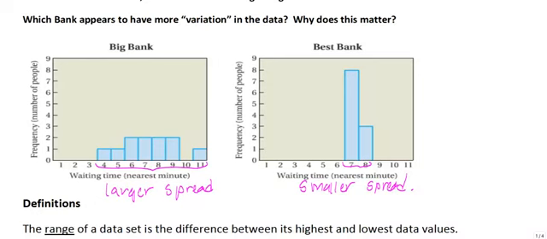Let's think about this situation. You're in the market for a car and you're really interested in finding out the longevity of the transmission in that particular vehicle. So you look up some data and you find that car A has a mean transmission life of, let's say, 10 years.